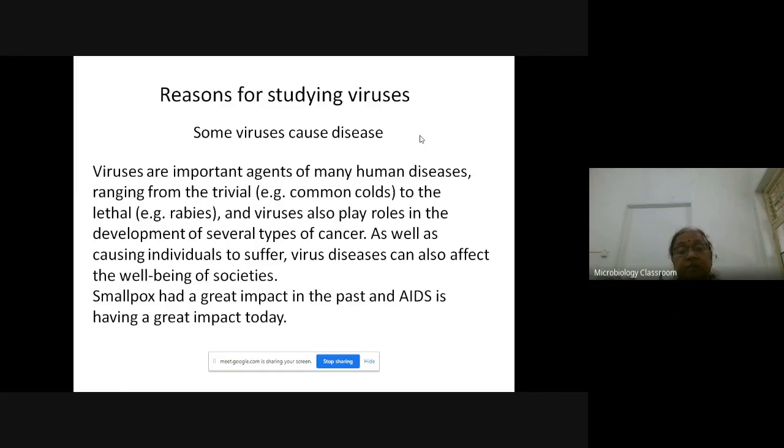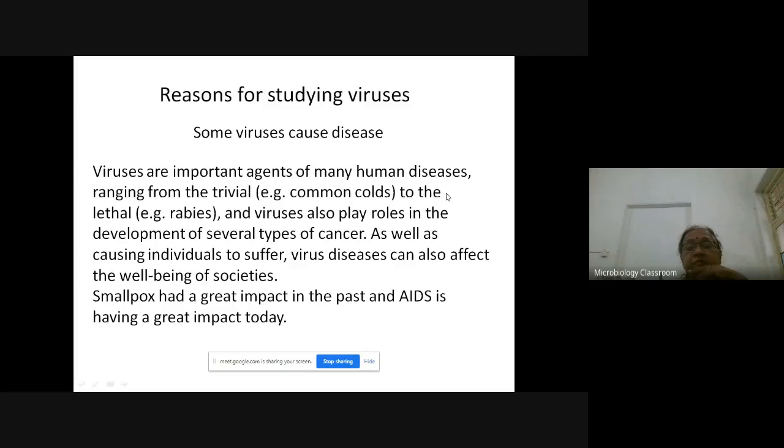And they are important agents of many human diseases ranging from the trivial, for example the common cold, a very old type of disease in human beings, to the lethal, which is the rabies virus, rabies infections.